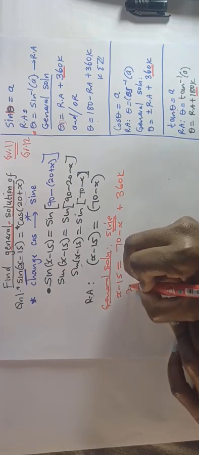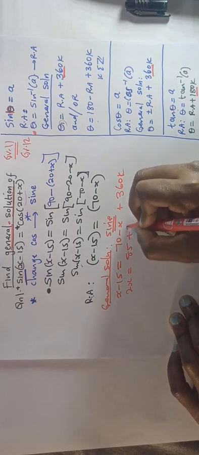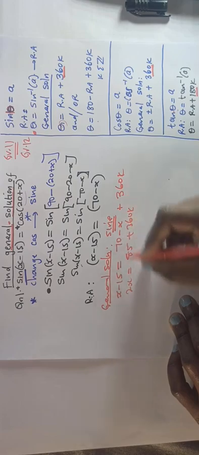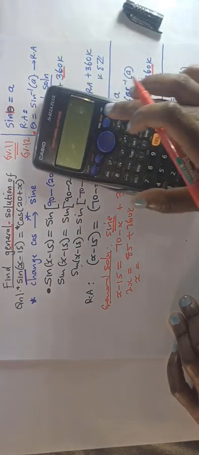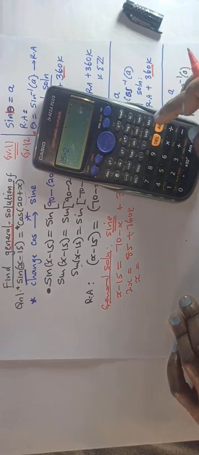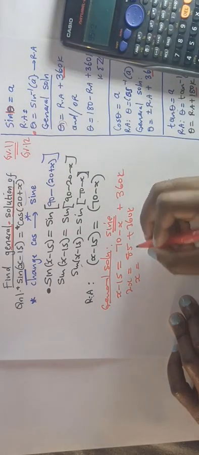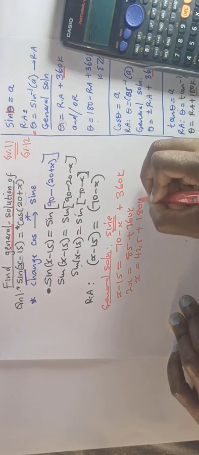This comes to that side. You have 2x equal to 85 plus 360. Divide those through by 2. So x will give you, I don't want to strain my brain, 42.5 plus 180k.